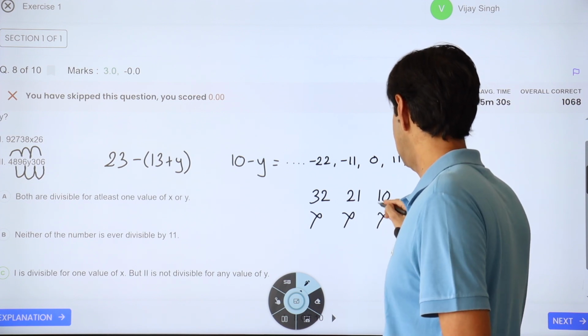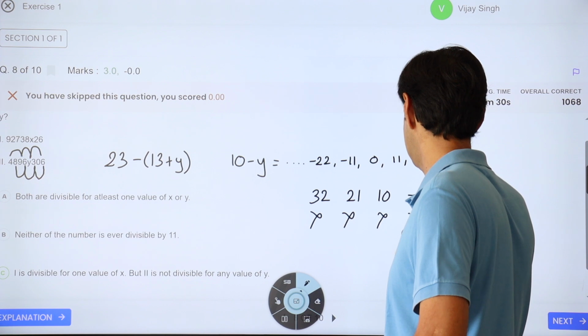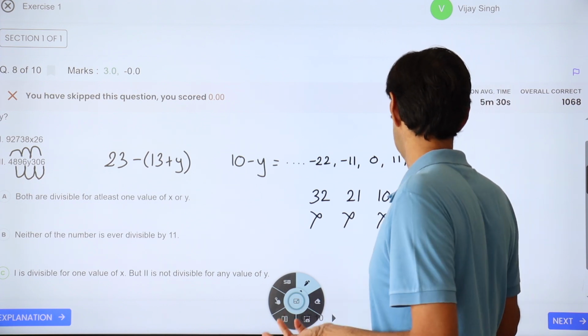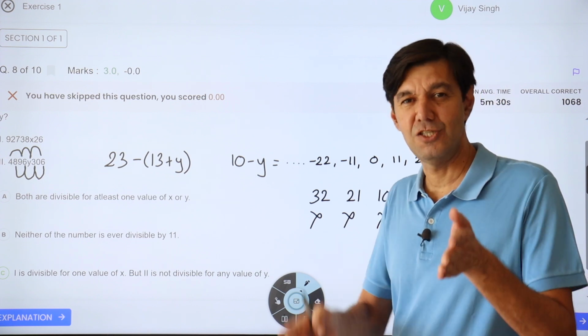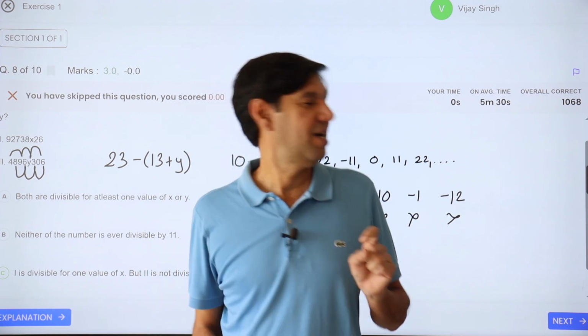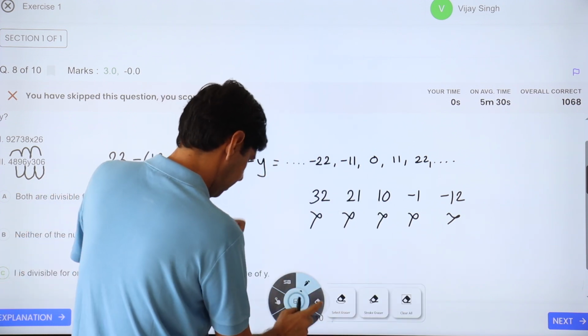And subtract 11, minus 1. And subtract 11, minus 12. So you'll see none of the values of y is amongst the acceptable range of 0 to 9. Y is 0 to 9. Okay, chalo, we needlessly spent some time here, wasted some time.